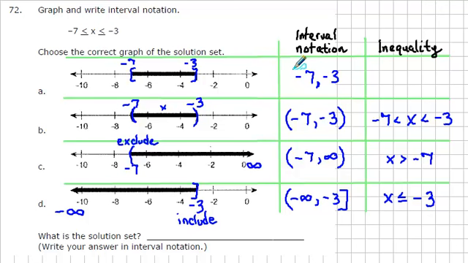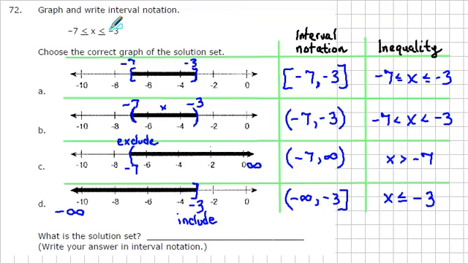And to indicate that we want to include -7 and -3, we would use brackets. For the inequality, x is between -7 and -3, inclusive. And to include the -7 and -3, we need to include an equal symbol with our inequality. So -7 is less than or equal to x is less than or equal to -3.